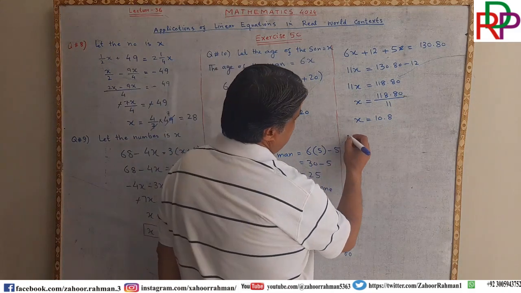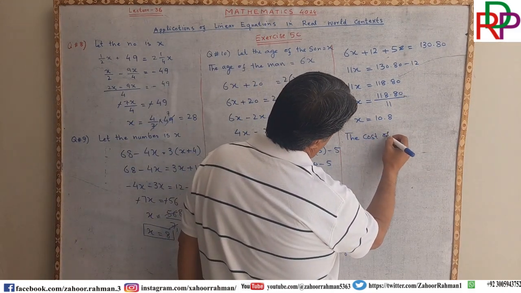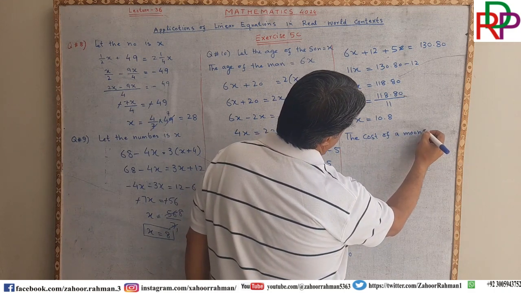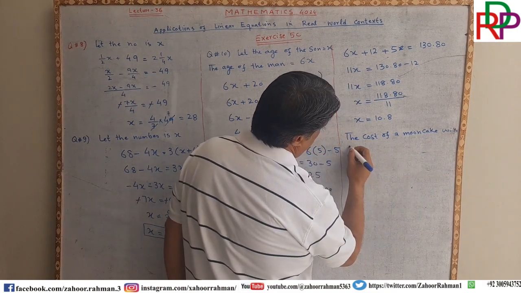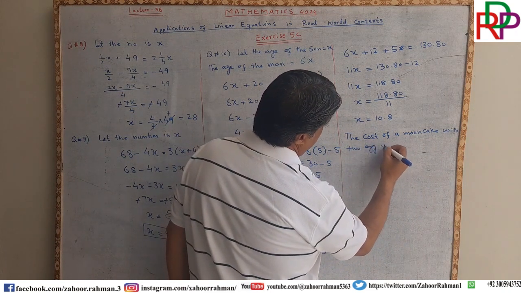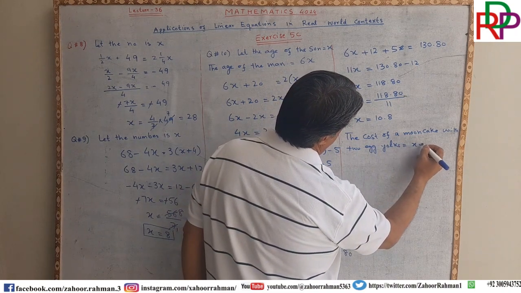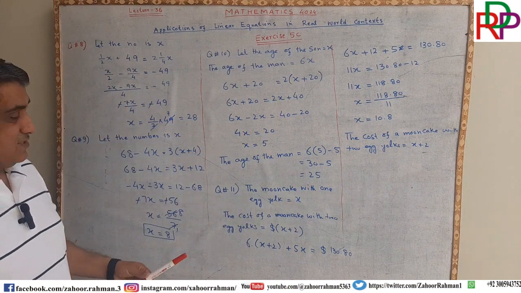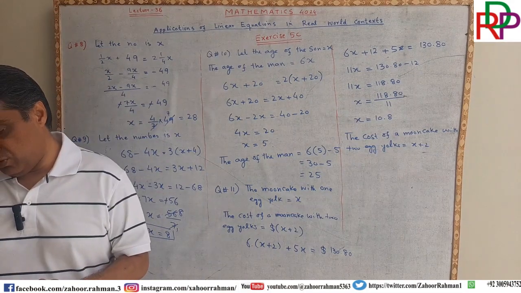So the cost of a moon cake with 2 egg yolks is equal to x plus 2, because we consider that here is x plus 2.